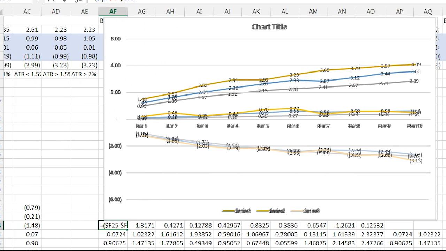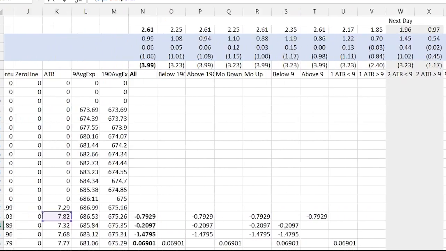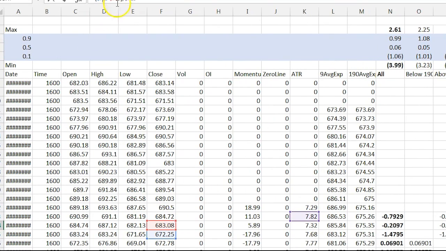So my information says if, so you can see the formula here and the cells that it's referencing here. So I can draw this out just a little bit. So it says I'm looking at the close, the change of tomorrow's close from today divided by the ATR.